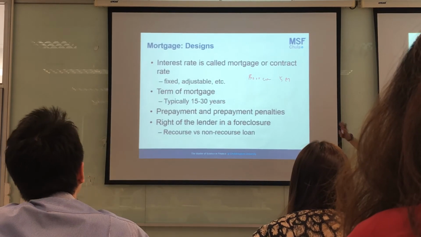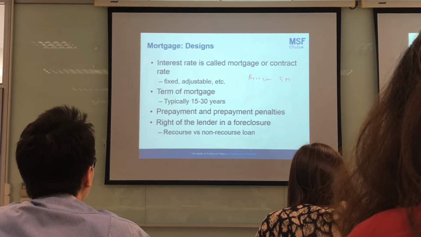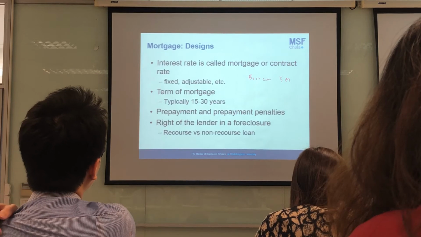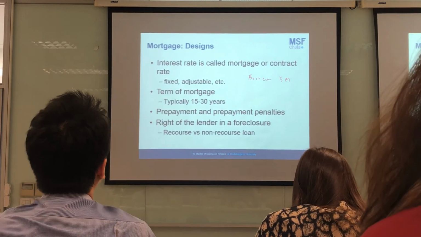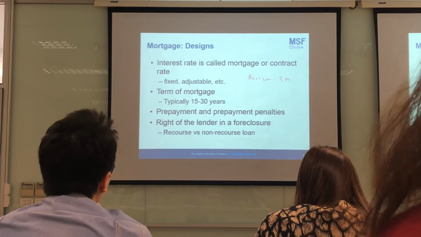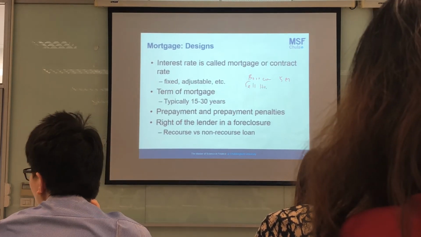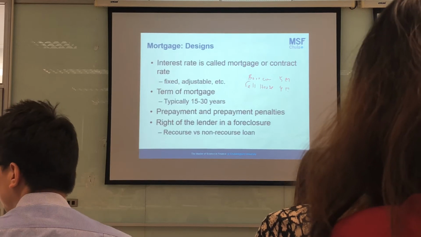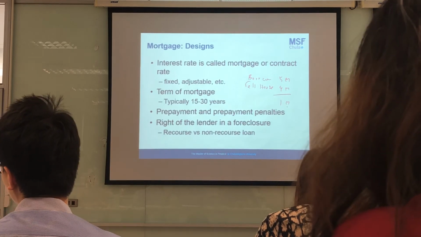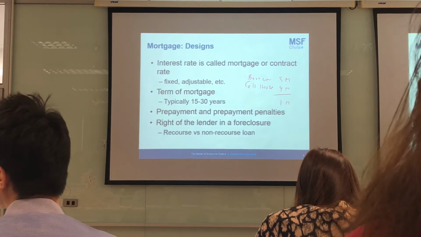The loan outstanding is 5 million. The bank liquidates the house, sells the house, and suppose they get only 4 million. This is a 1 million shortfall.